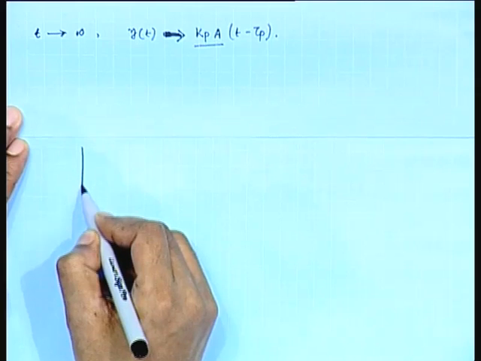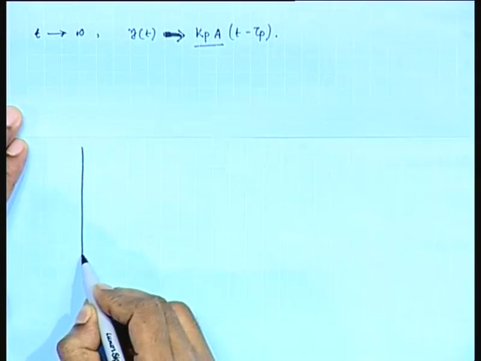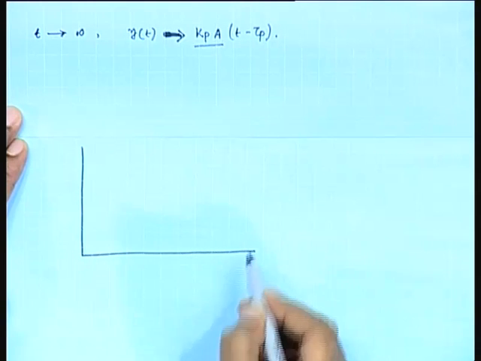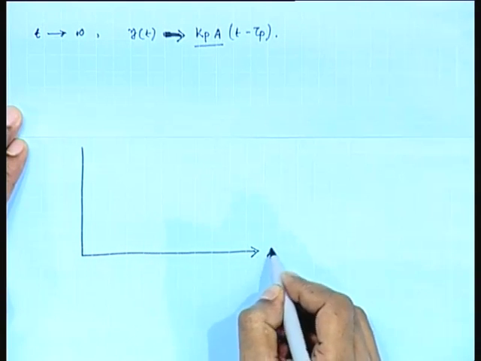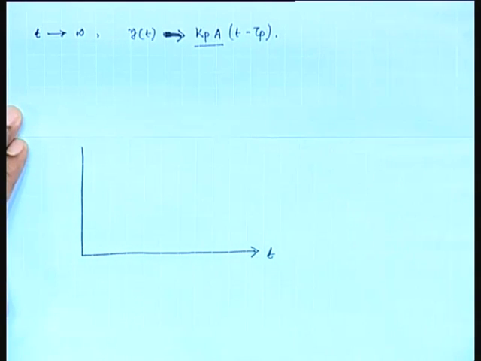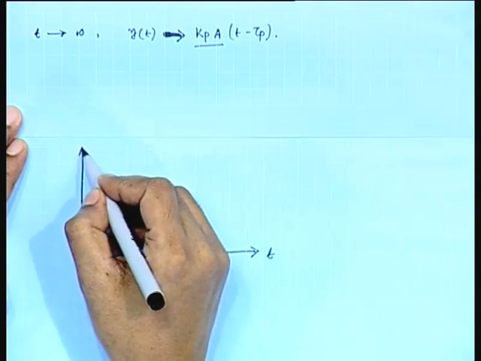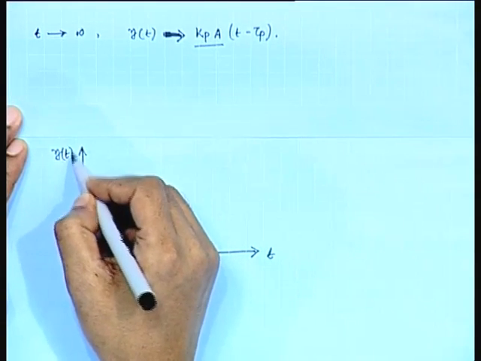And if we represent this graphically, then we get this plot. This is time t, this is y(t).